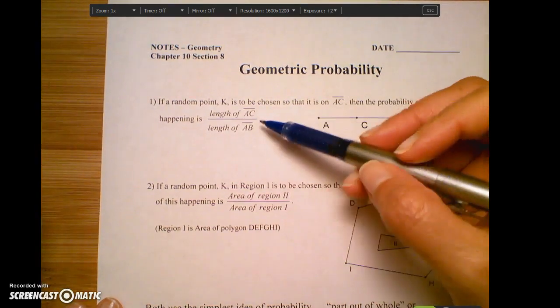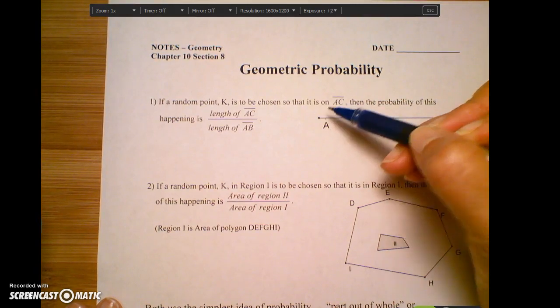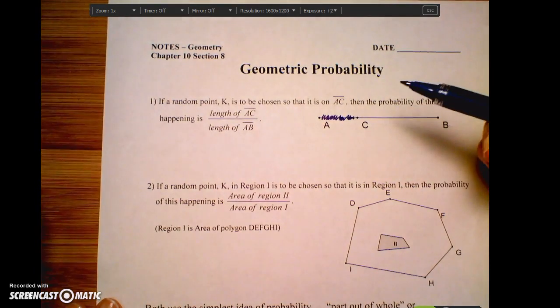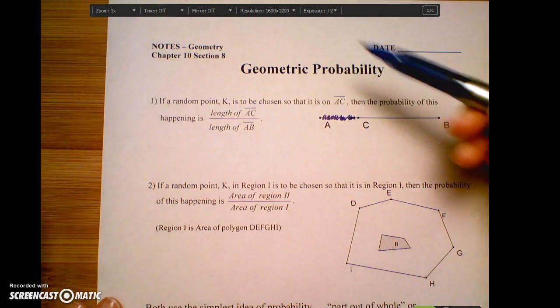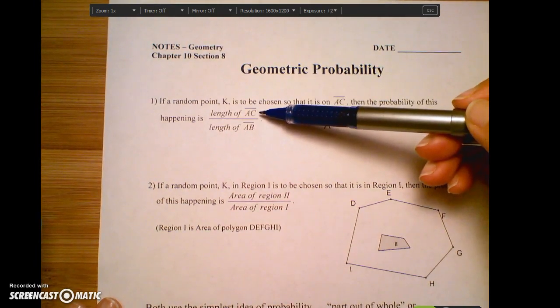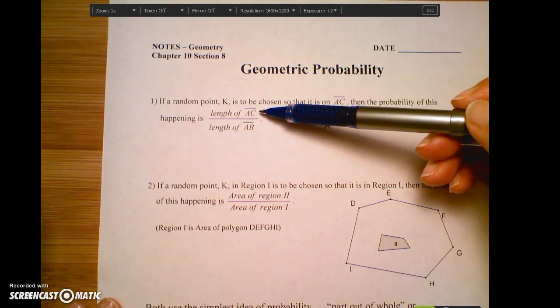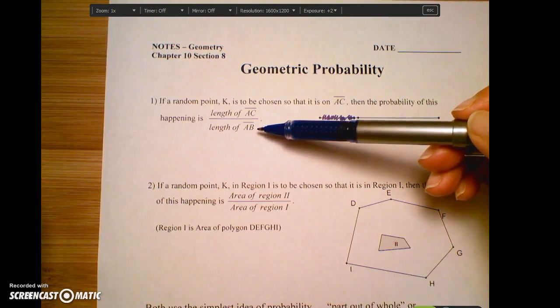And then we're going to try to see what are the chances that we land on a particular area on our line segment. So the probability of that happening is merely the length of segment AC divided by the length of segment AB. Our desired location out of all possible locations.